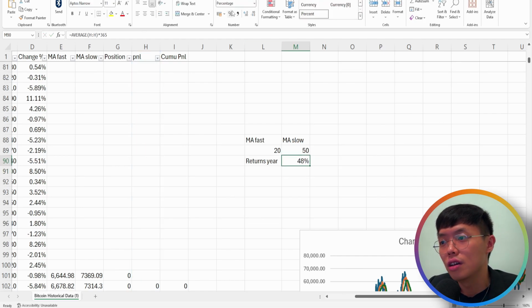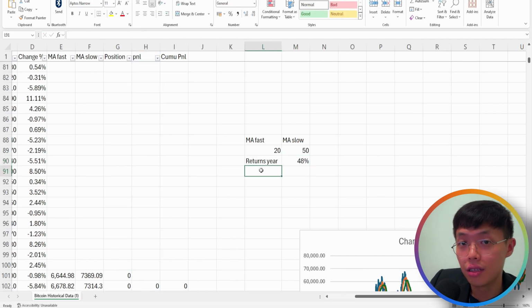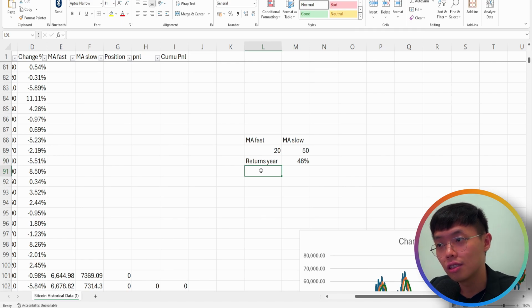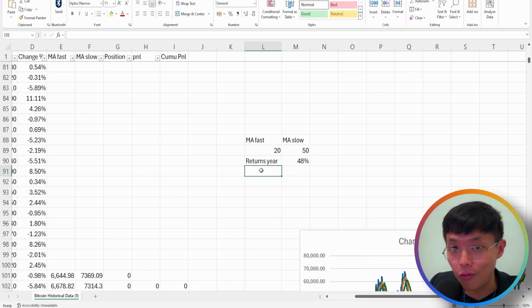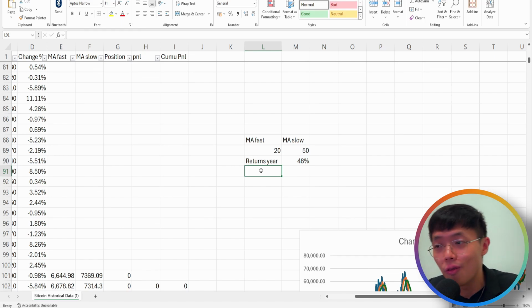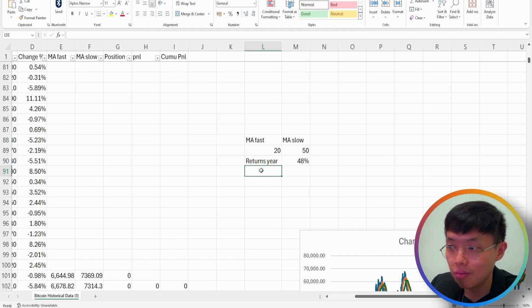So per year we can get around 48% return using this strategy. Okay, 48%. It's actually very high. Your EPF, your fixed deposit, is only around 5% at maximum. This strategy right here got you 48.